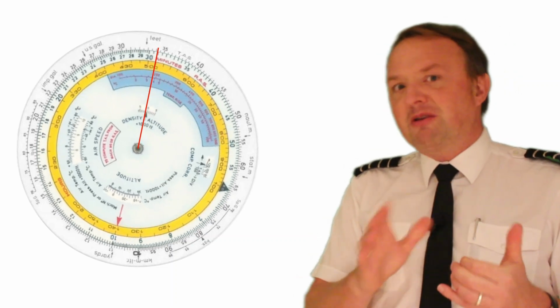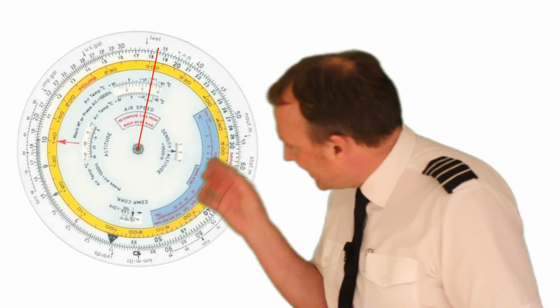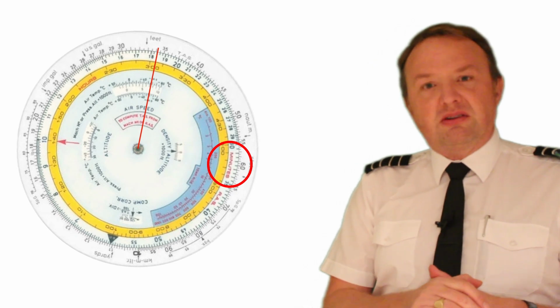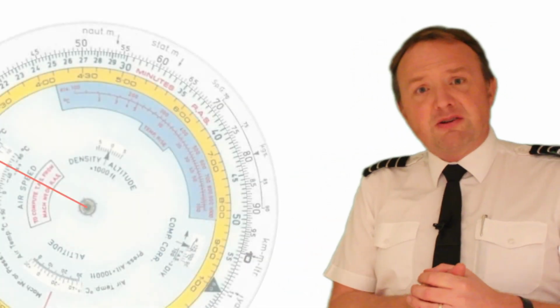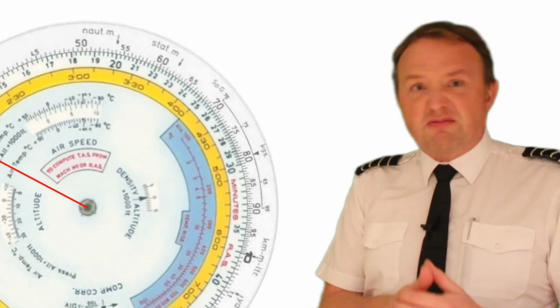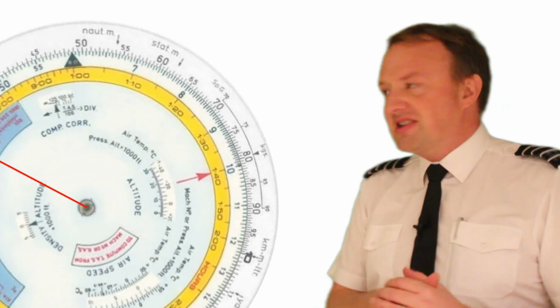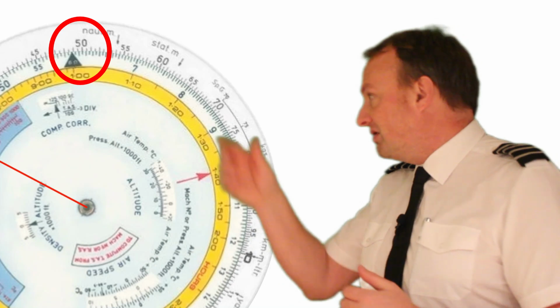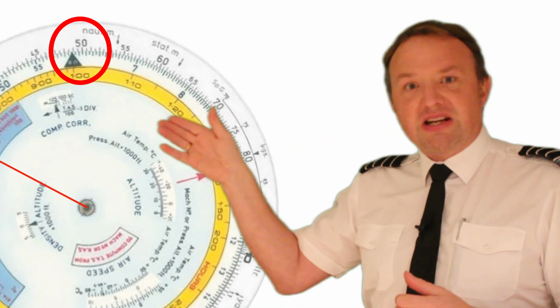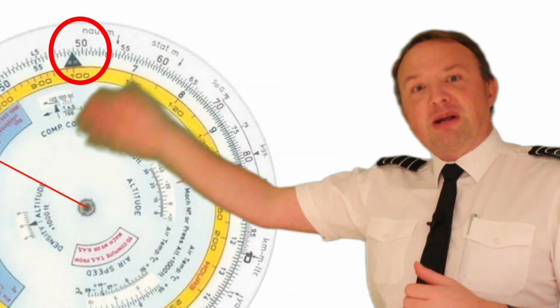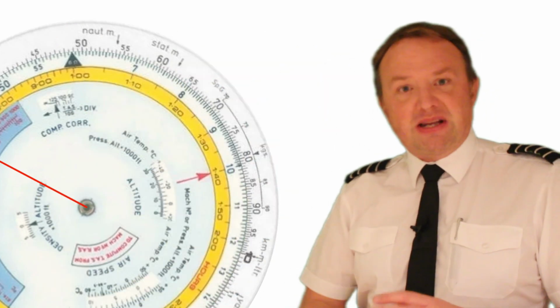If I forget which way around it goes, bear in mind that the word minutes is actually written permanently on the inner dial. My speed, of course, is generally given in knots, but all that is nautical miles per hour. So if I'm giving the speed of, say, 500 knots, I set the 500 against the hour marker, and now I have 500 miles in 60 minutes, and I can read off how many miles I've done in how many other minutes.